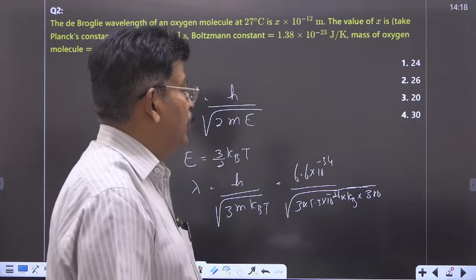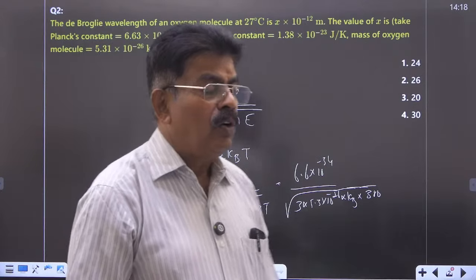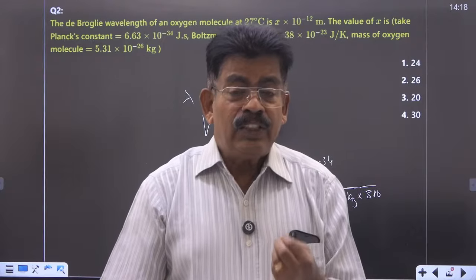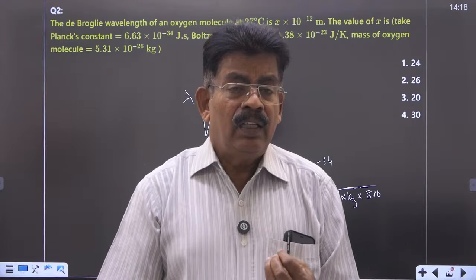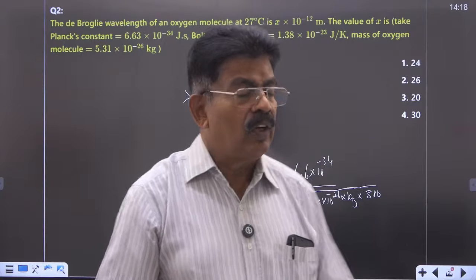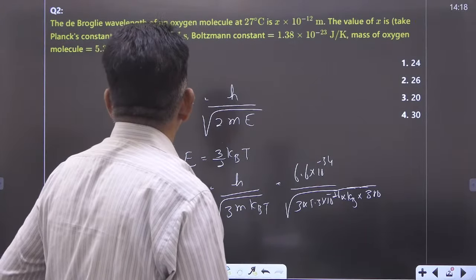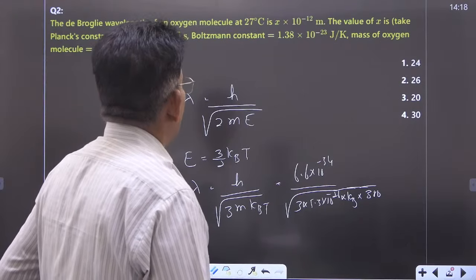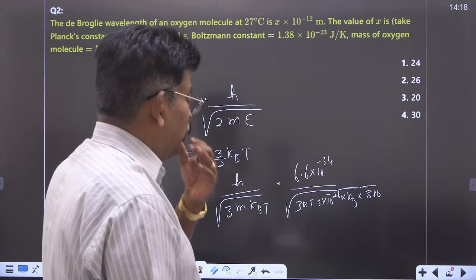You can verify it. But there is only one thing: the energy of the oxygen molecule. Oxygen you have to consider as a single particle. It has translatory motion. You have to consider its energy. That's only. Oxygen molecule we talked about is a diatomic molecule.